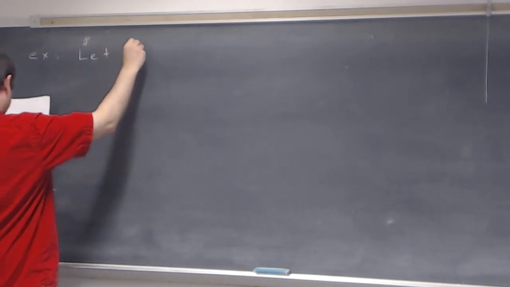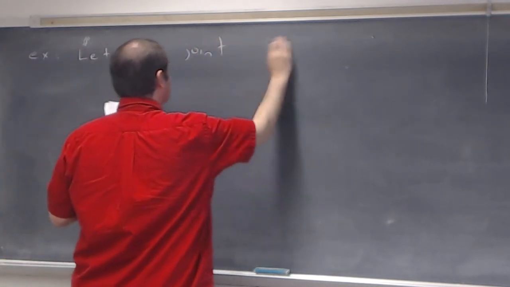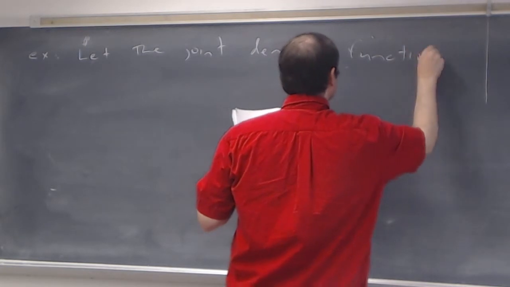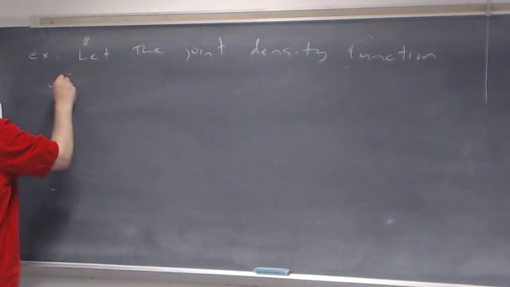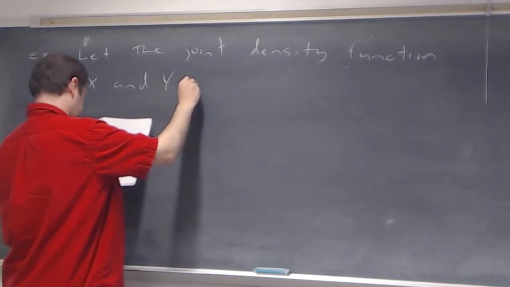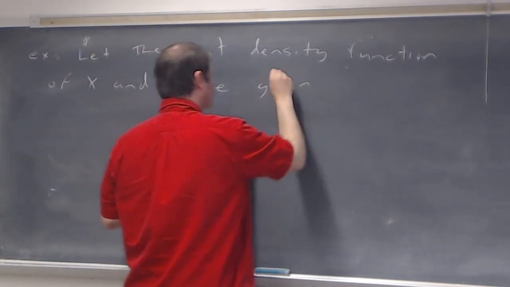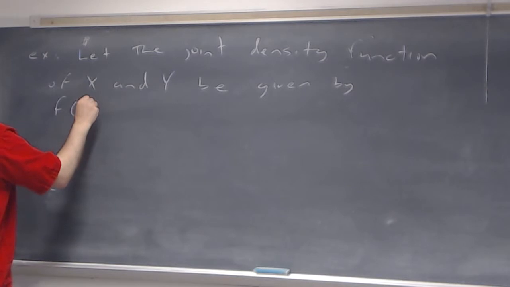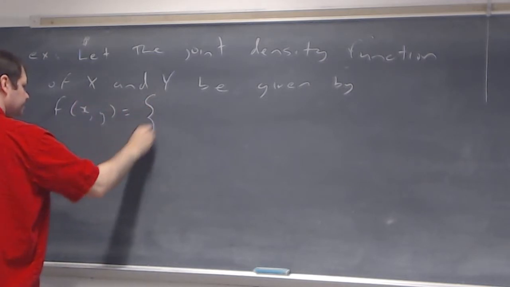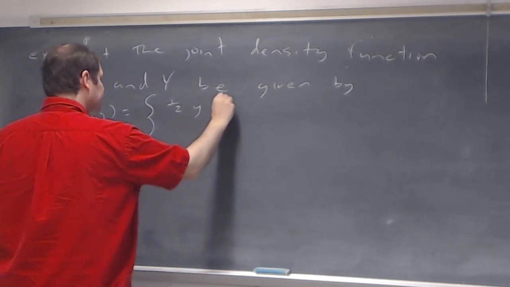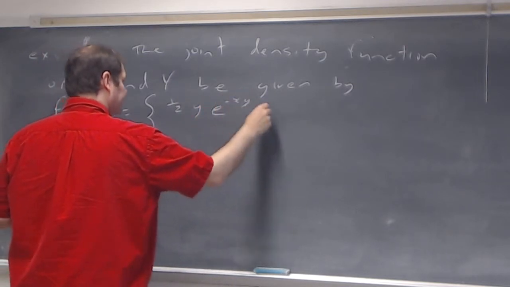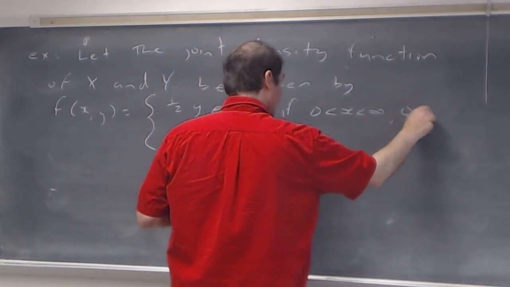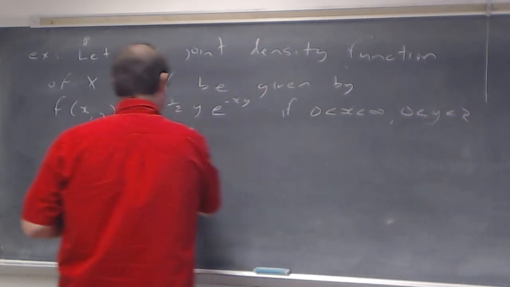So here it says, let the joint density function of x and y be given by f of x comma y equal to 1/2 y e to the minus x times y if 0 is less than x, less than infinity, and y is between 0 and 2, and 0 otherwise.